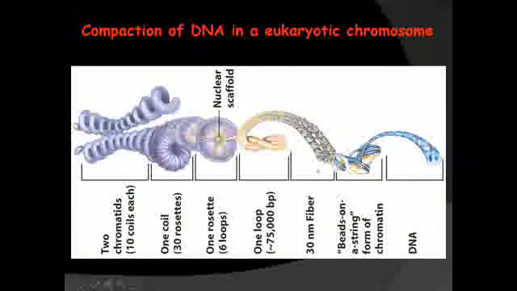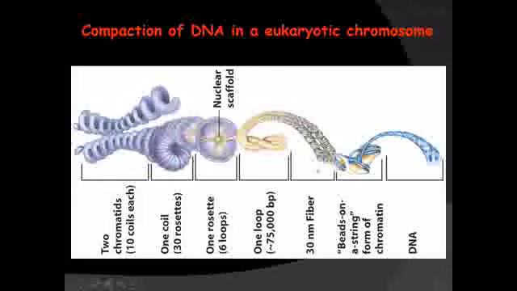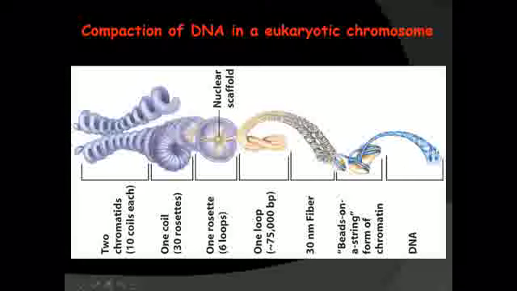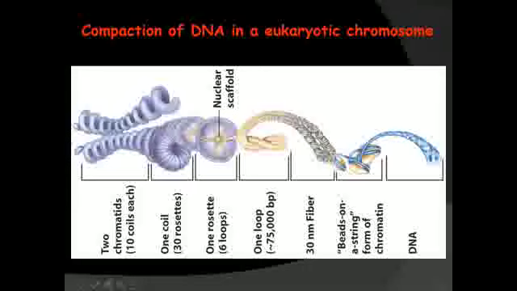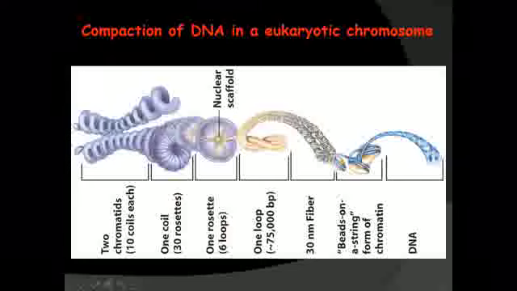Now, if we try to visualize the compaction of DNA in a eukaryotic chromosome, this is a very unique structure and it has been extensively condensed. Let's start from the DNA. The double helix of DNA moves around the histone octamer to form nucleosomes.